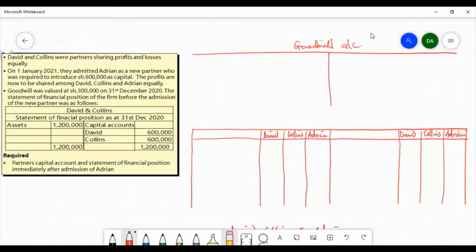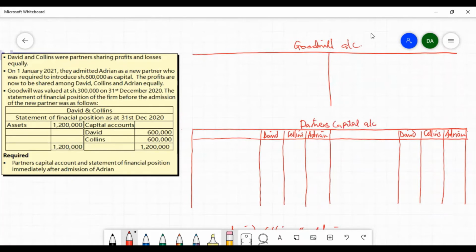The first one is goodwill account, and in goodwill account, goodwill will be recorded. The second one is partners' capital account. And then we will prepare the statement of financial position.